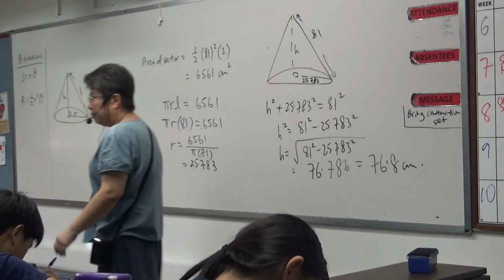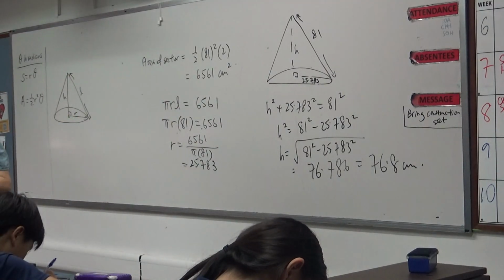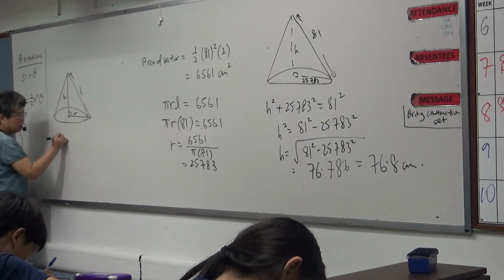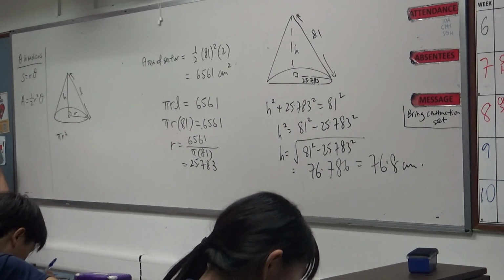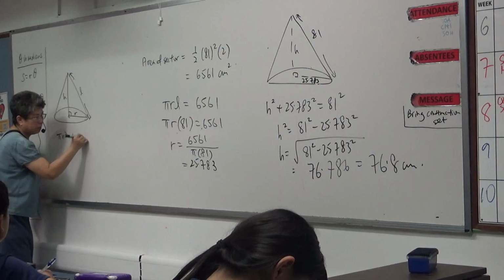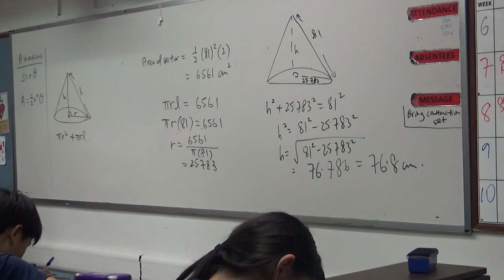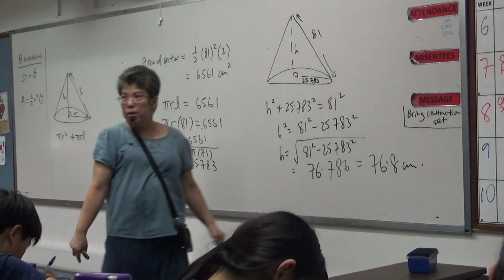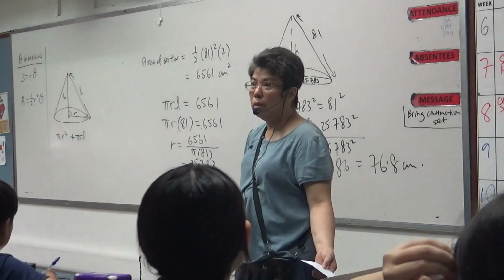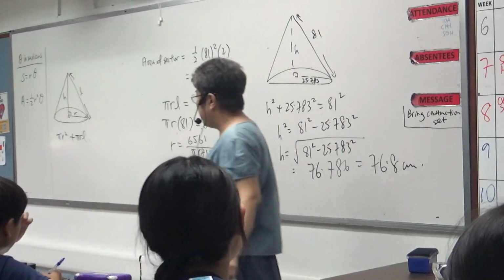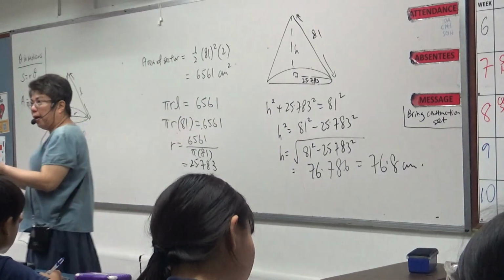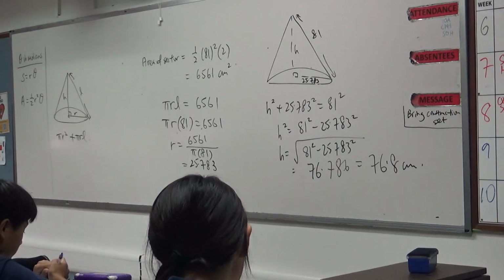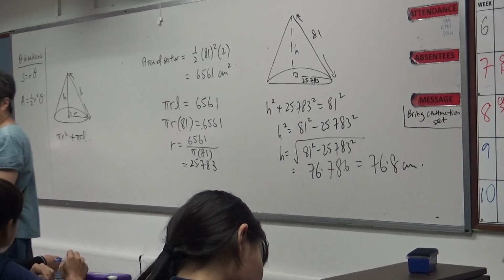So this will be pi r squared, which is the base, plus pi rl, which will be the curved surface. Now, what if it's a party hat? Then got base or not? No base. So what's the surface area? Just pi rl.